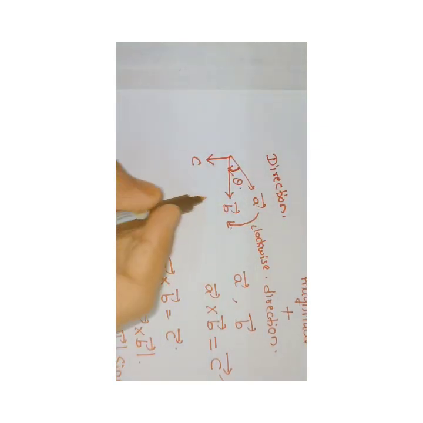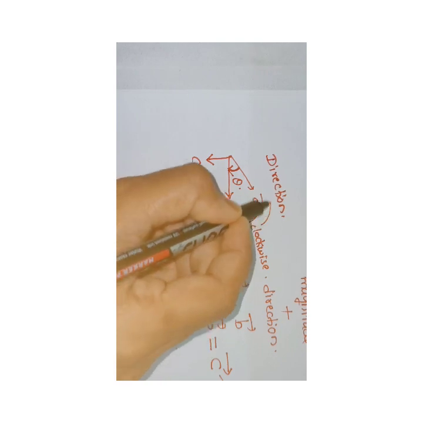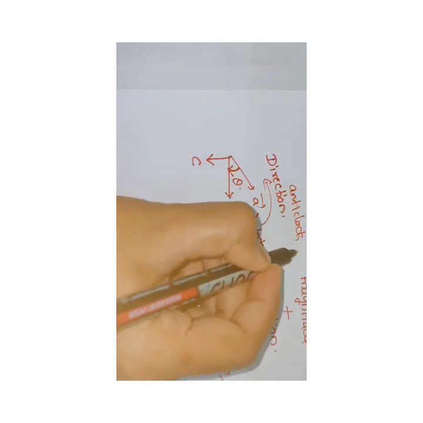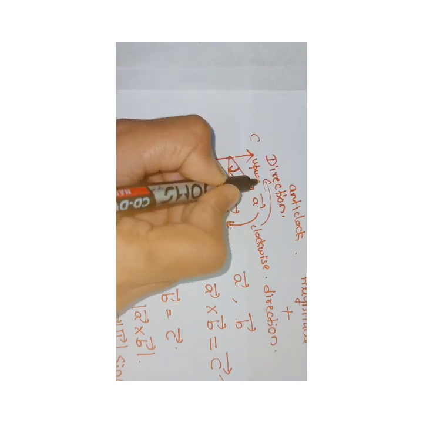If you take B cross A, and consider it as an anti-clockwise direction, then the direction of C will be upward.